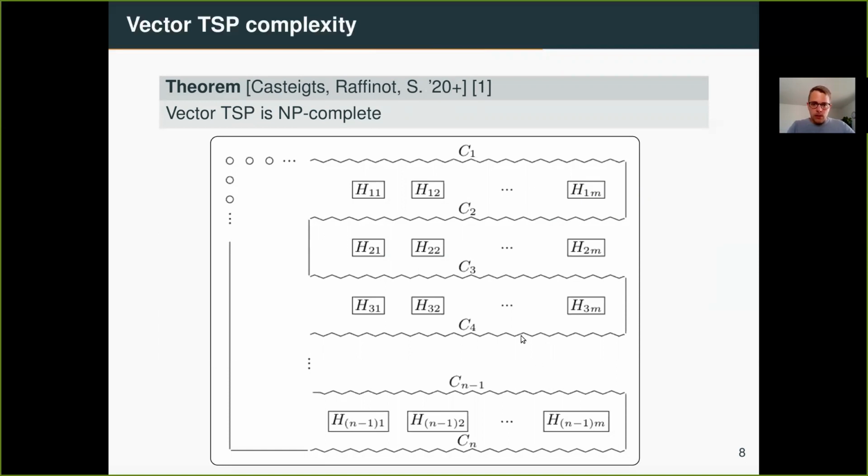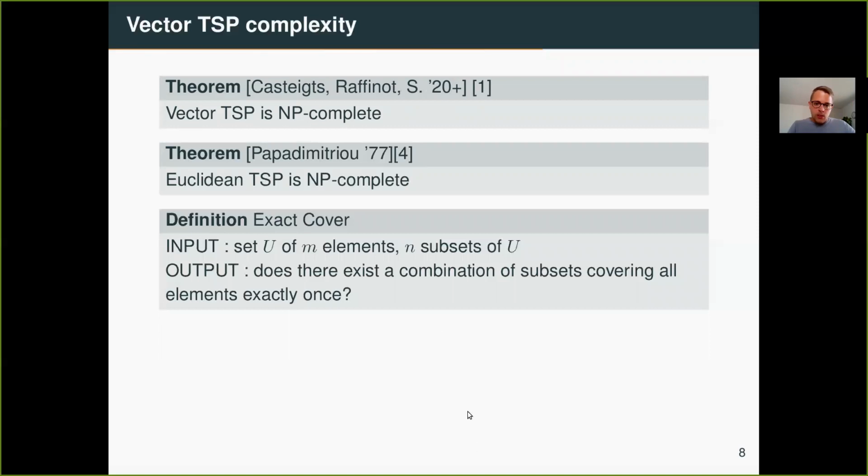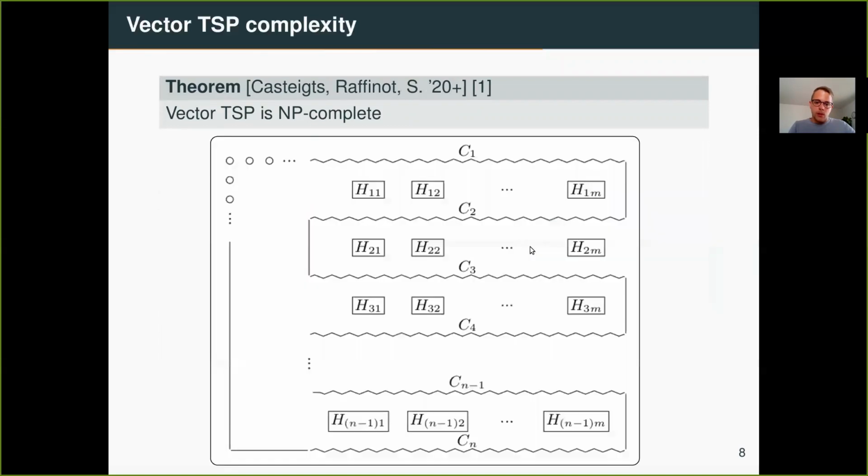So look at the C1, C2, C3, C4, etc., up to Cn. These represent in some way the n subsets of exact cover. And this is the VTSP instance, by the way, this image, because we use a lot of gadgets. But every Ci gadget represents a subset from exact cover.